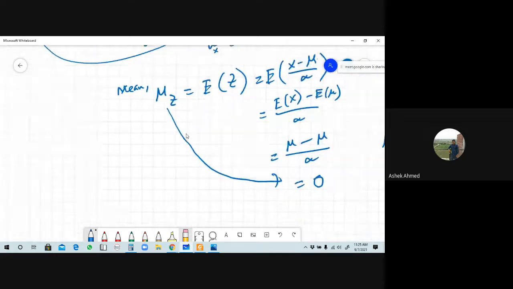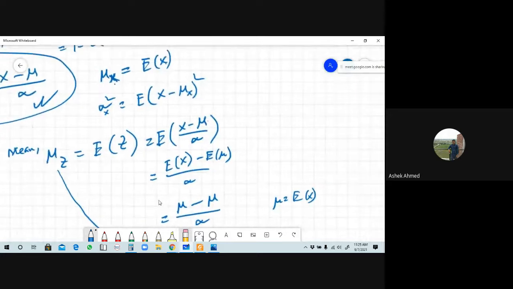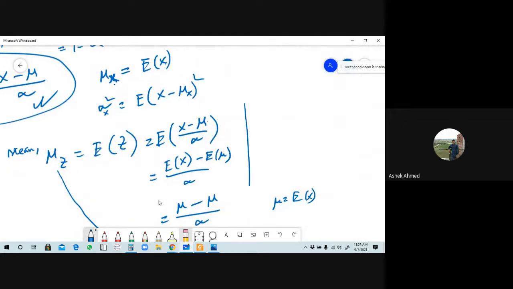Similarly, tell me the value of the variance of z. For x it was sigma suffix x square, so the variance of z will be sigma suffix z square, which will be the expectation of z minus mu suffix z whole square. Just as it was x minus mu suffix x whole square, this will be the expectation of z minus mu suffix z whole square here.